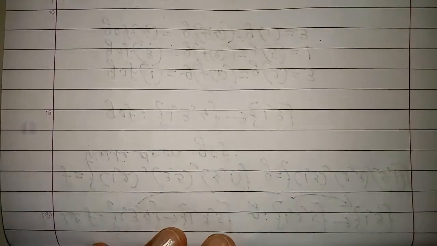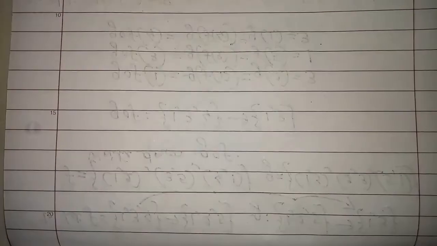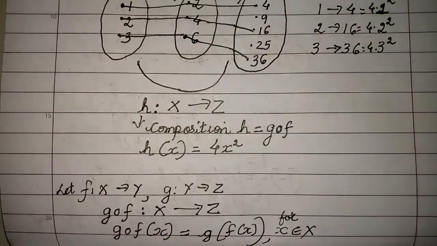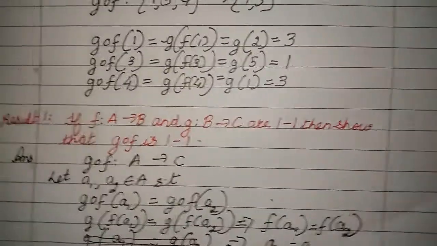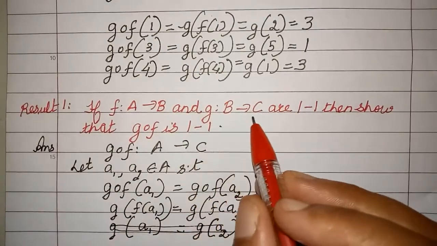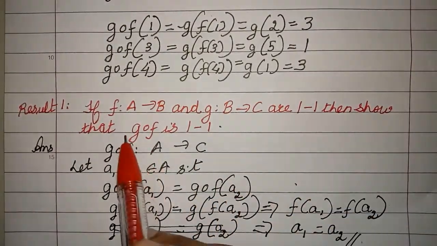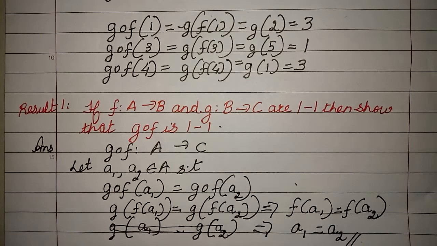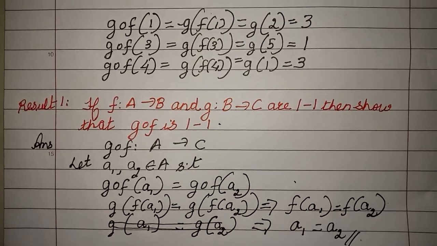Now the second result. Before that, let us read the first again. If f is a function from A to B and g is a function from B to C are one-one, then g composite f is one-one. Now, how will I write the converse of the statement?